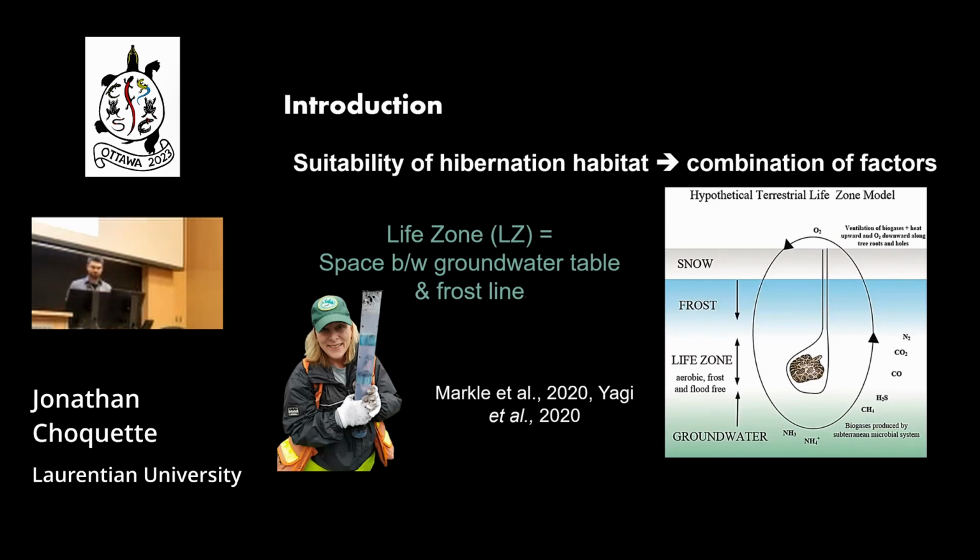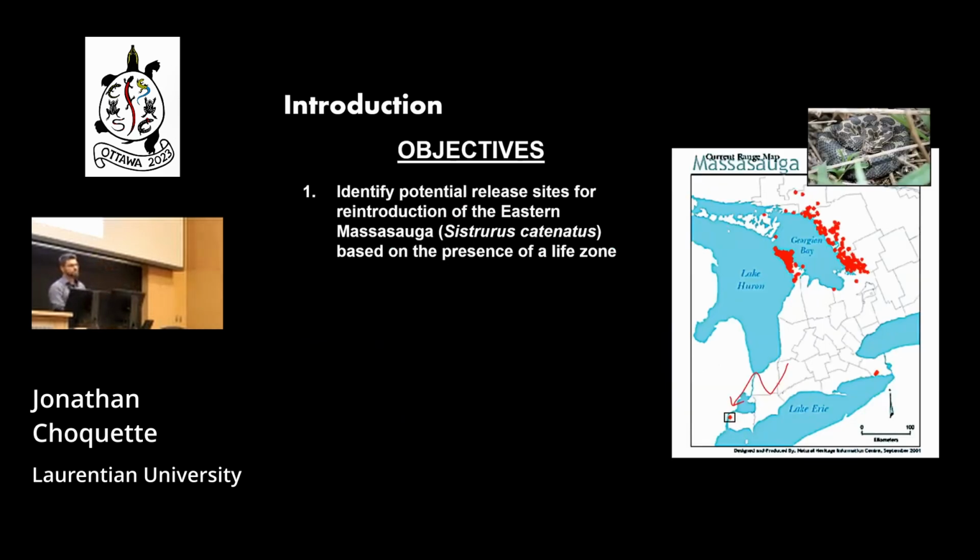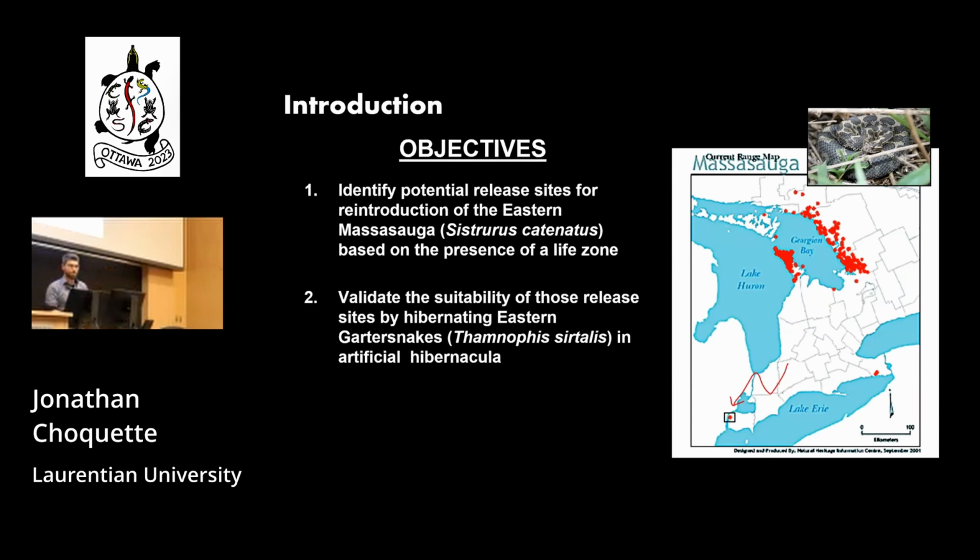So, two of our objectives were to first identify potential release sites for the globally imperiled Eastern Massasauga at Ojibwe Prairie in Windsor, based on the presence of a life zone. And then to validate the suitability of those release sites by hibernating a surrogate species in artificial hibernacula.